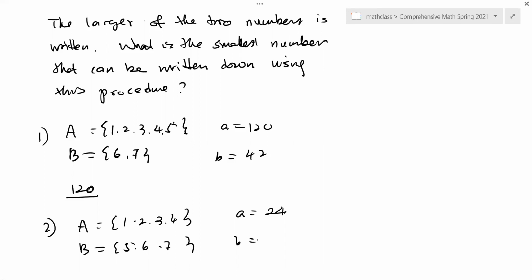So what do you get? You get 5 times 6 times 7, an even much larger number.